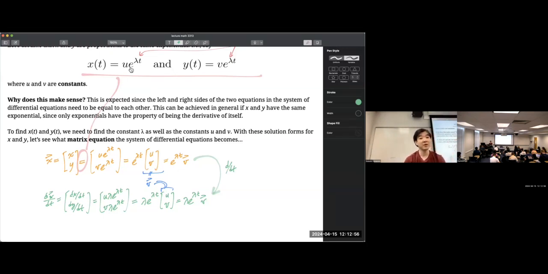Vector v is a vector with u and v as its components, and u and v are both constants. e to the lambda t is the only thing that's a function of t. So if you went from here and took the derivative with respect to t directly, the vector v is a vector of constants, so that stays. And then e to the lambda t, that derivative would be lambda e to the lambda t.